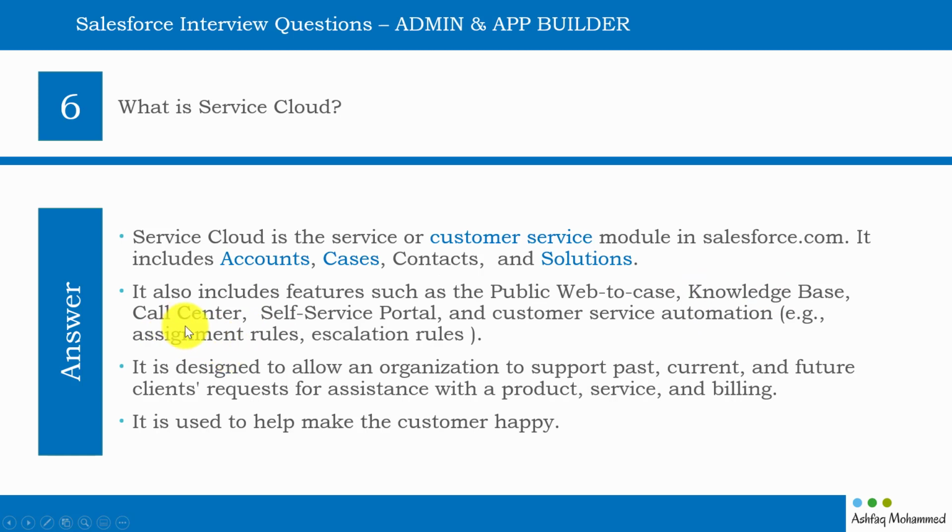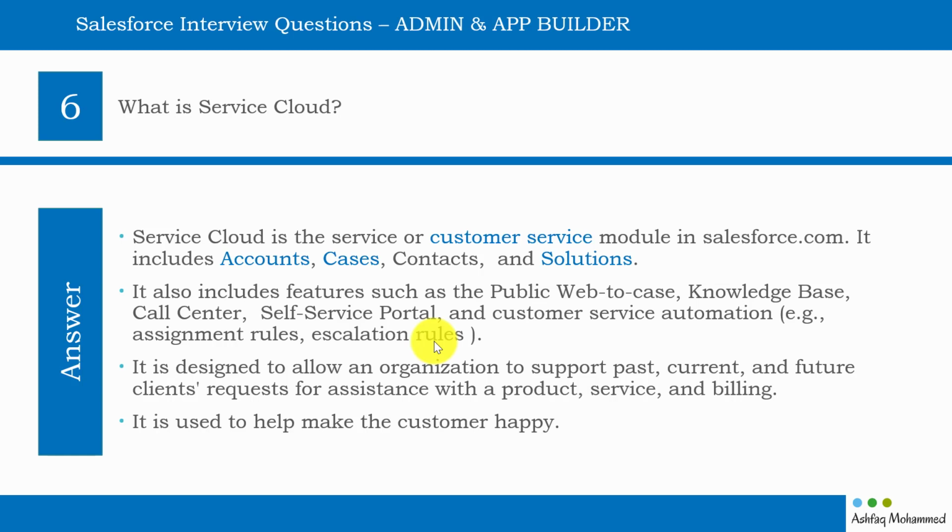Same as call center information, we'll have a self-service portal as well, and customer service automation, for example assignment rules and escalation rules. Let's say when a case is created for a laptop, they will have a team dedicated to work on laptops. Automatically, assignment rules will assign it to the team who is responsible for laptops.